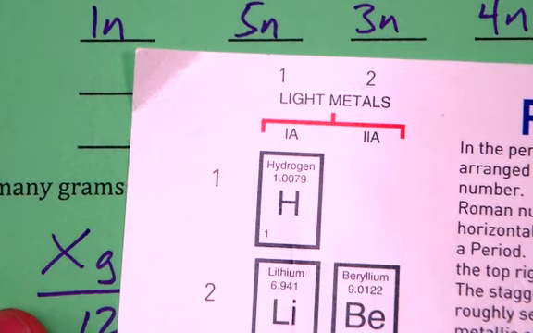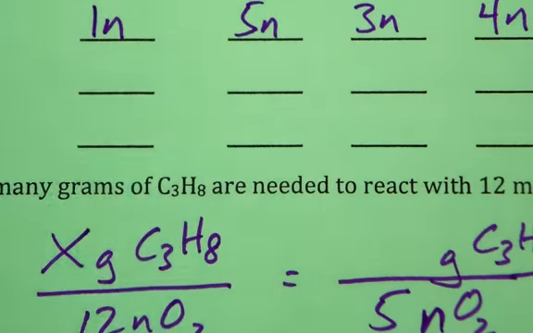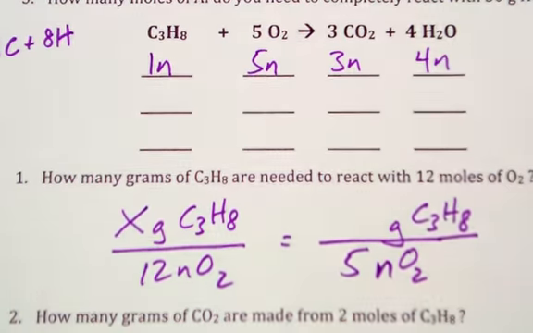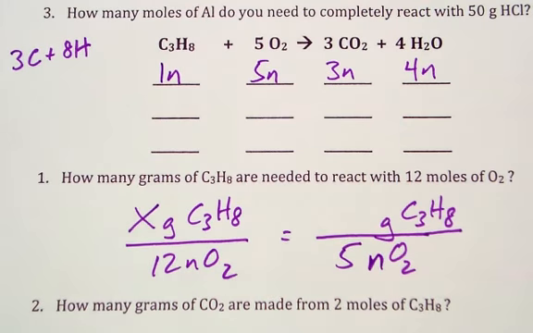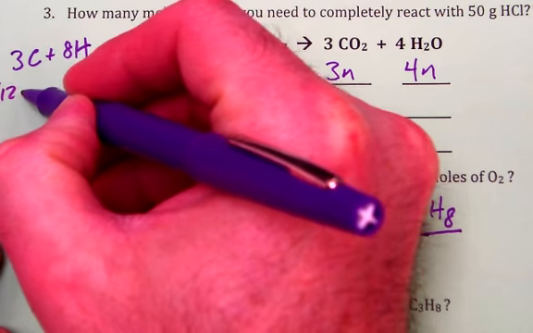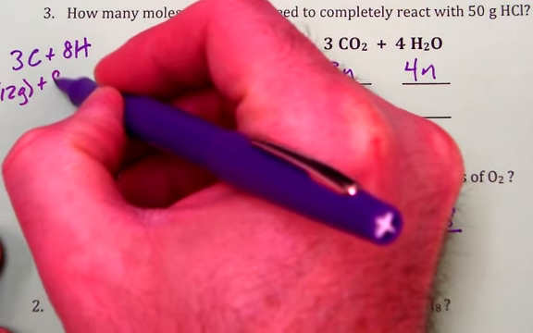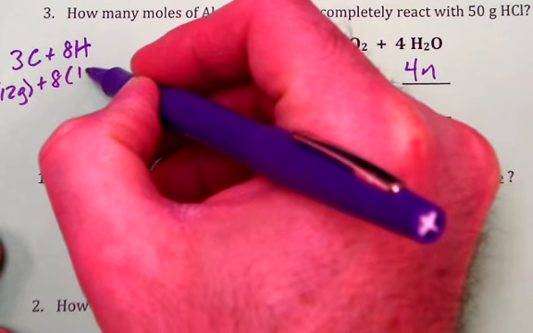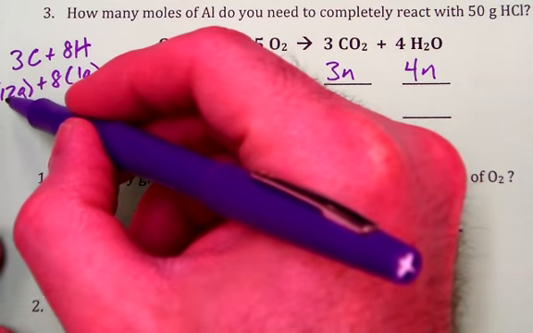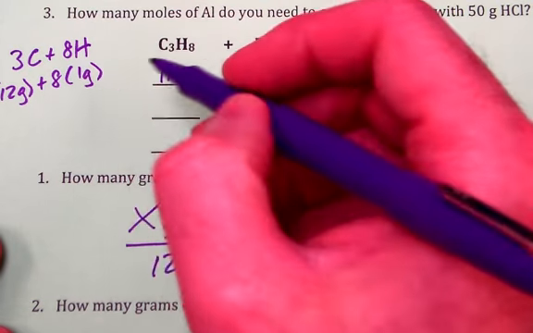That's how we're going to figure out our molar mass. So we're going to take 3 times 12 grams for carbon and 8 times 1 gram for hydrogen. So 3 times 12 is 36 plus 8 is 44.